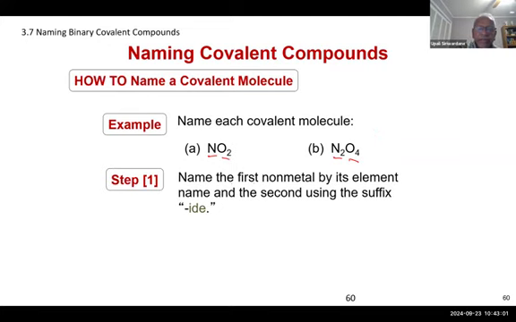The first name, the non-metal, keeps its name, nitrogen. The second has higher electronegativity, the oxide. Between nitrogen and oxygen, oxygen has higher electronegativity.